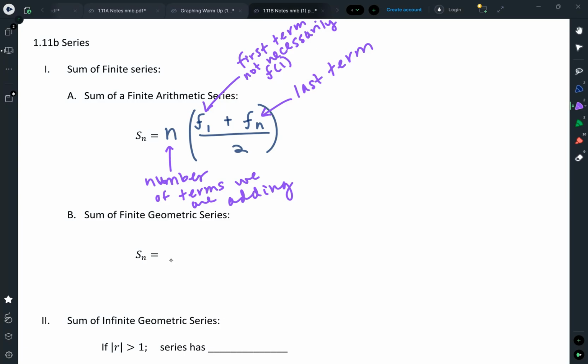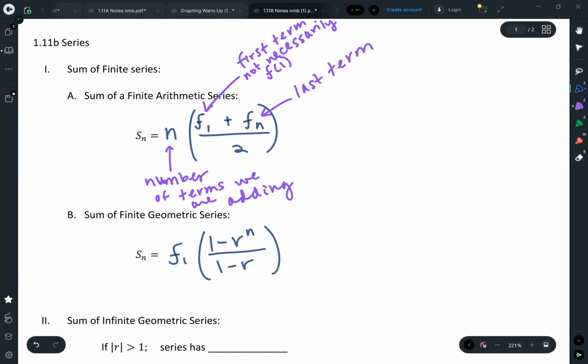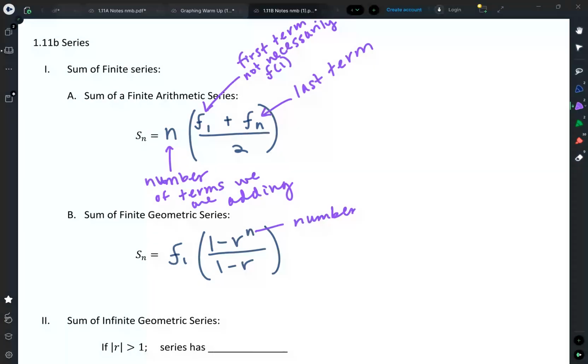And the way we find that is we've got our first term, so it's going to be f of 1. And then we've got times this giant fraction, 1 minus r to the nth power over 1 minus r. And so n, again, is going to be the number of terms. f sub 1 is my first term, not necessarily 1.